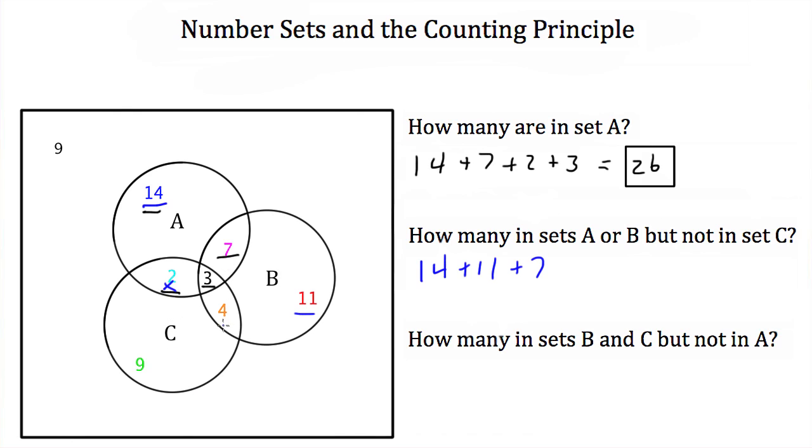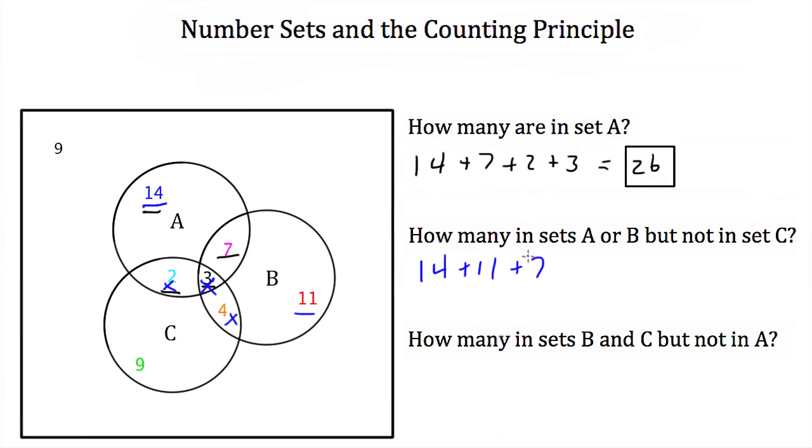We have the 4 here that are in B and C, but they can't be in C, so we ignore those. And then we have these 3 here that are in A, B, and C, but since these are in C as well as in A and B, we cannot use those either.